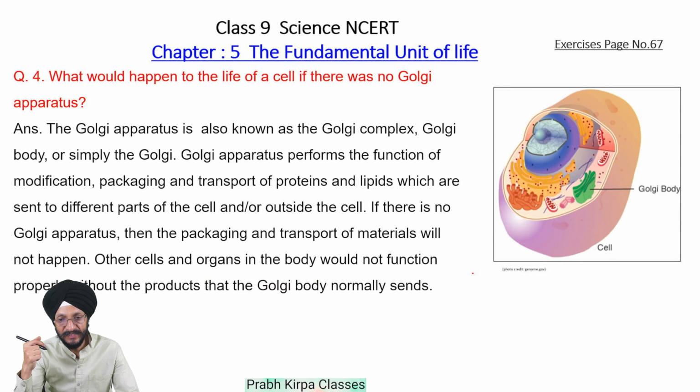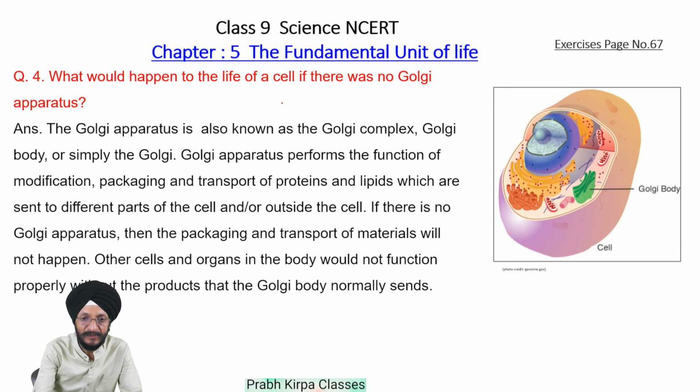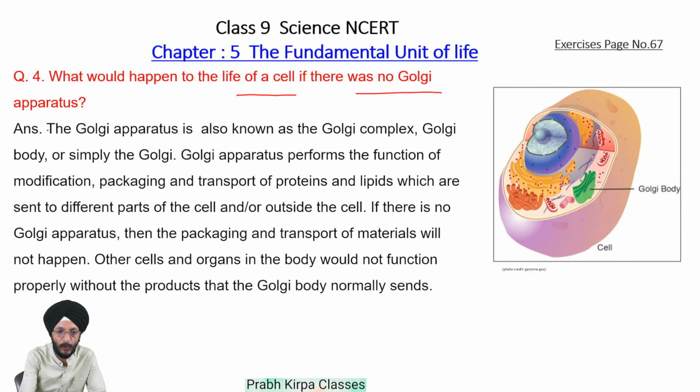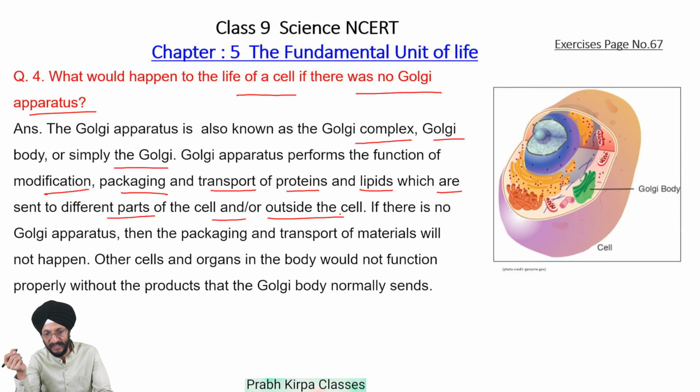Next question is also important. What will happen to the life of a cell if there is no Golgi apparatus? Golgi apparatus is also known as Golgi complex, Golgi body, or simply Golgi. Golgi apparatus performs the function of modification, packaging, and transport of proteins and lipids, which are sent to different parts of the cell and or outside the cell.